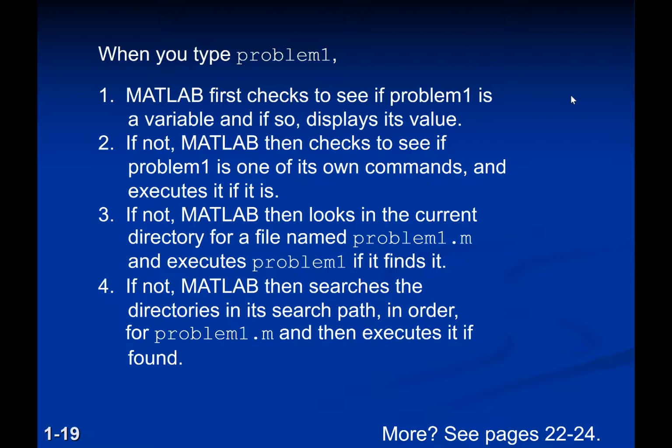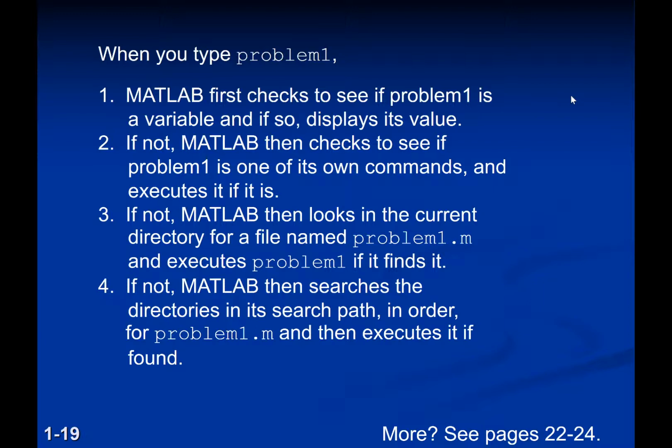So, okay, what happens if I type something in? If I type in the word problem1, MATLAB has to check to see what I mean by problem1. The first thing it checks is whether it's a variable name in the current workspace.